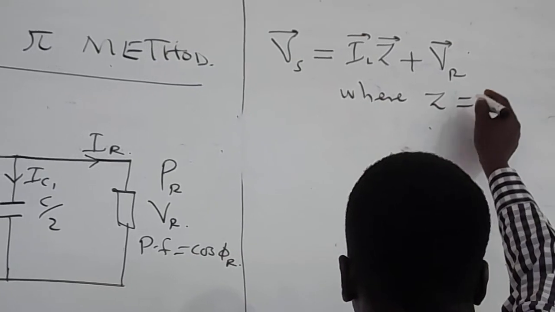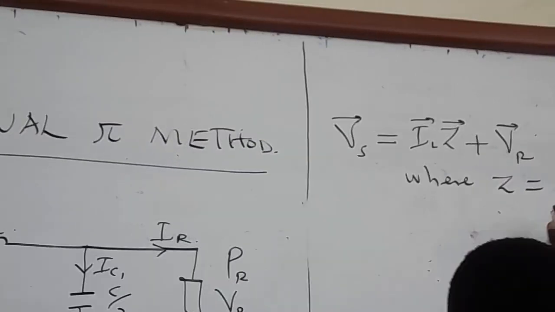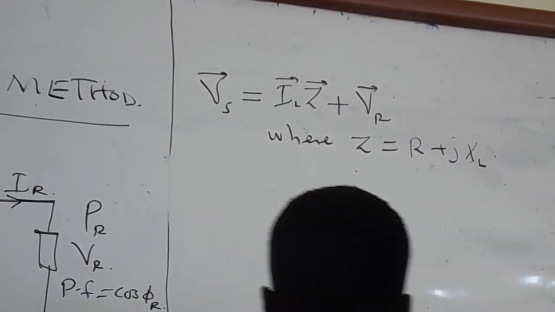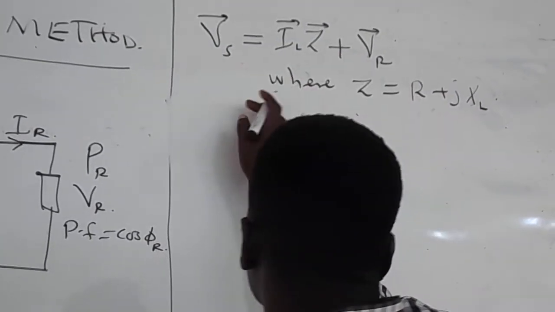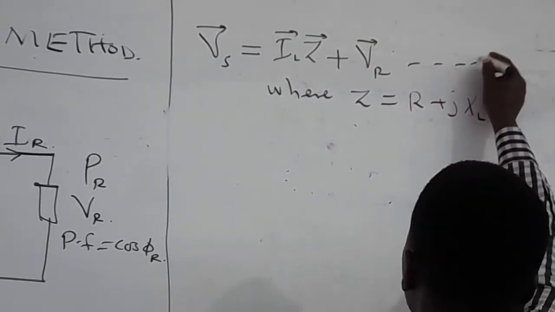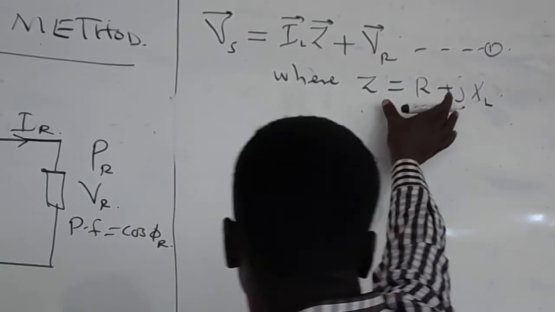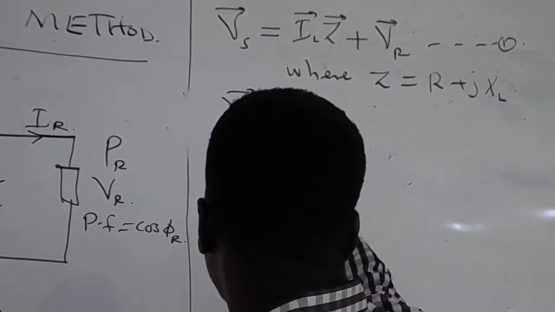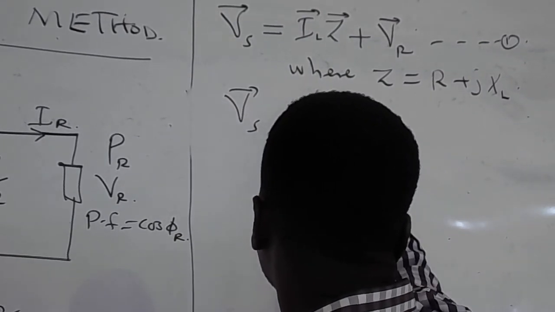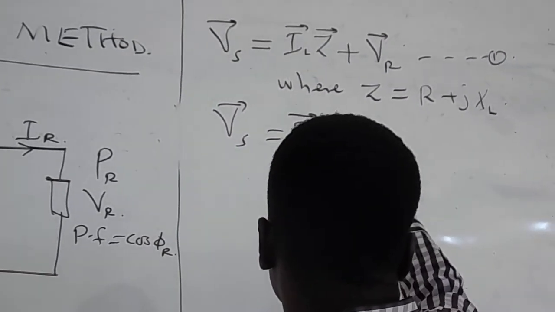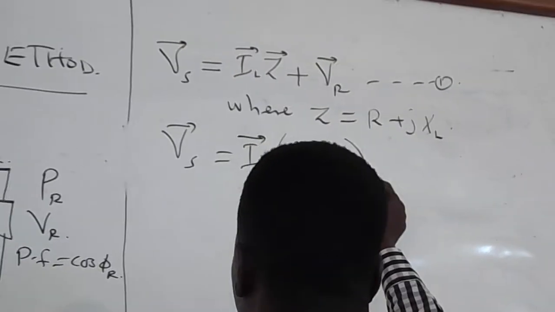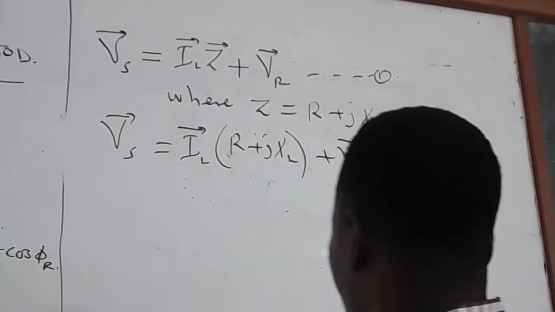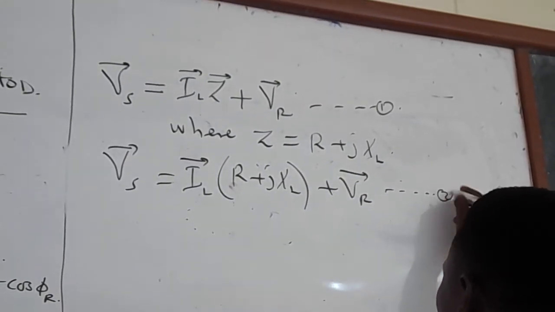Z is equivalent to the line impedance, that is R plus jXL. Substituting Z into equation 1 will give us the sending end voltage as IL into R plus jXL plus VR, the receiving end voltage. That is equation 2.